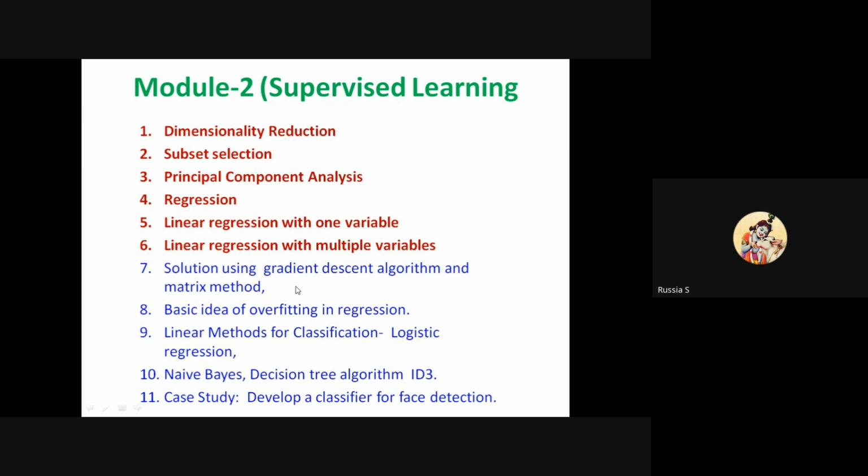That is the solution using the gradient descent algorithm and matrix method, and the basic idea of overfitting in regression. What is overfitting? How are we going to remove overfitting by using regularization methods? In the linear methods for classification, there is logistic regression, then Naive Bayes and the decision tree algorithm using ID3. The case study is to develop a classifier for face detection. These are the detailed topics under module 2.